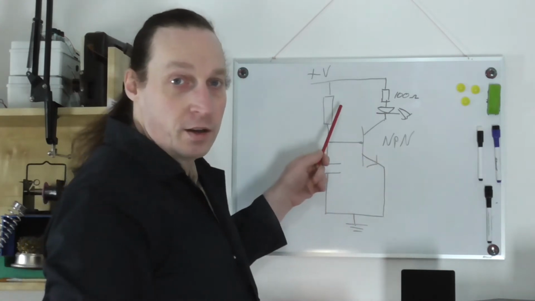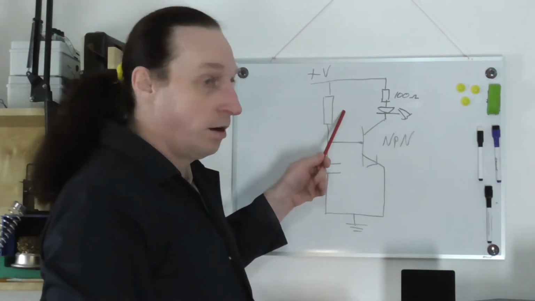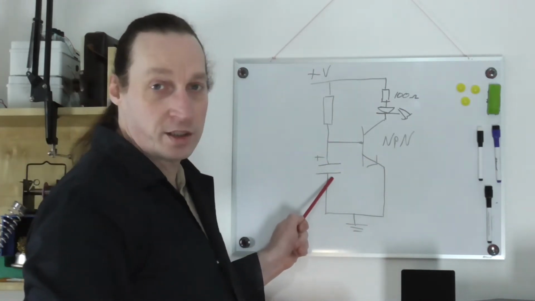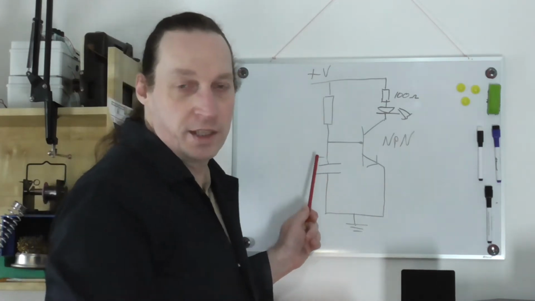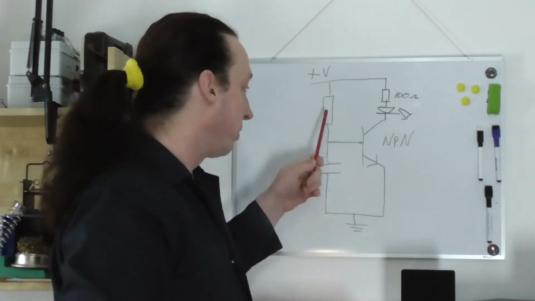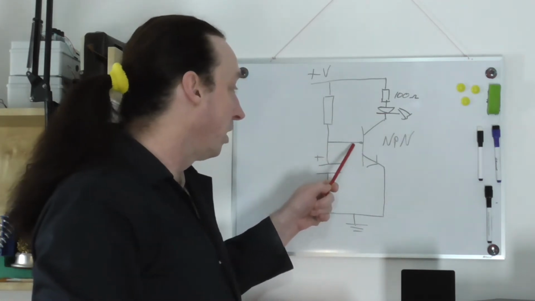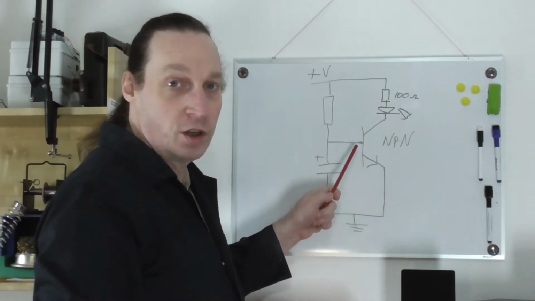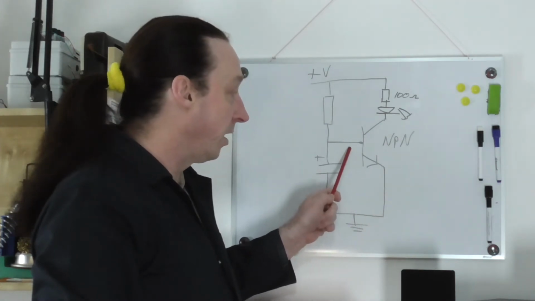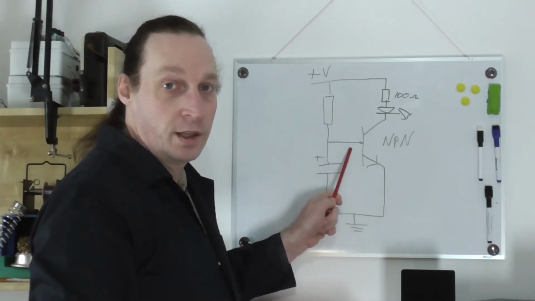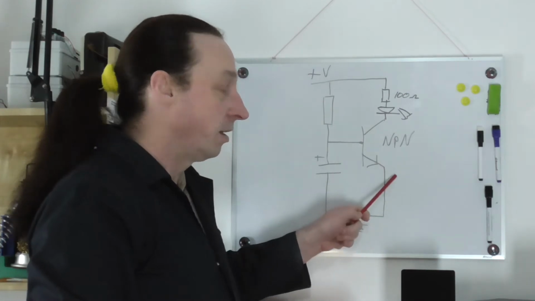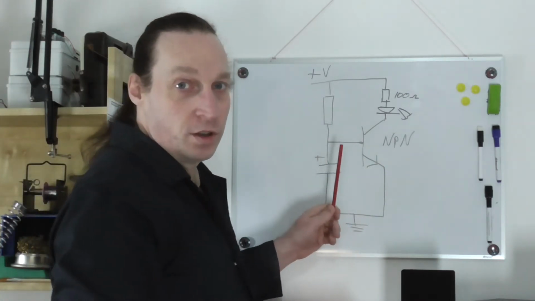So the NPN, and then up here I'm going to have a resistor and then a capacitor, and basic electronics and principles means that as the capacitor charges, it'll reach a voltage where this junction will turn on. Because there's no resistor here, then the voltage that it will reach will be basically determined by this base emitter junction.